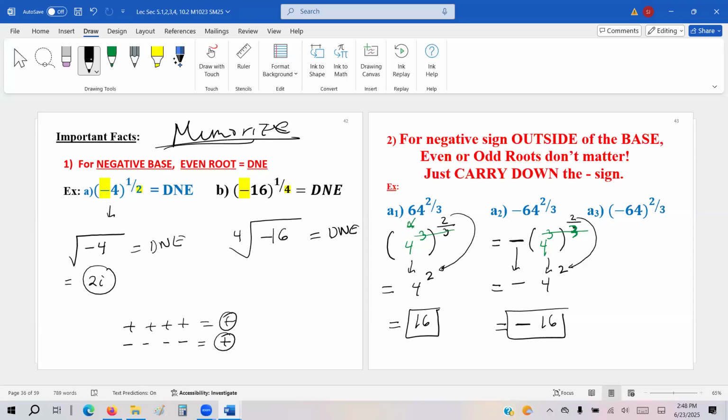We have a parenthesis around the negative, so our base is negative 64. So we are looking for some number multiplied 3 times. Which number 3 times is going to give you negative 64?